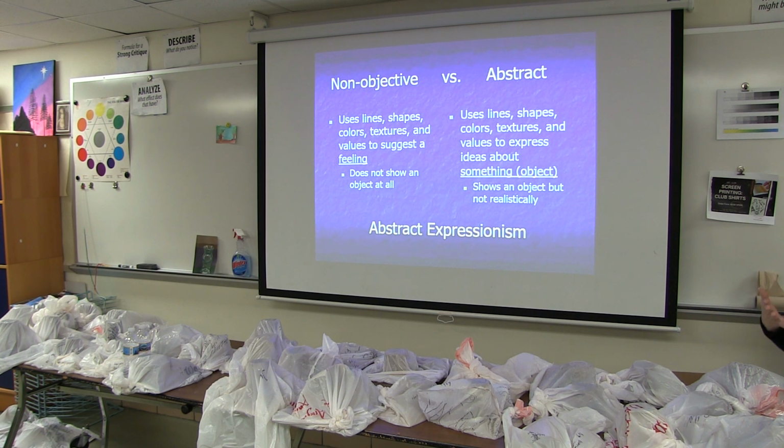It's not meant to show an object at all. The fact that that one happened to look like a cross technically is not non-objective. Non-objective doesn't have to refer to anything. In fact, it shouldn't refer to anything. So it's focusing on the pure elements of art in their most formal of senses. When I say formal, I mean the forms of art, not black tie formal.